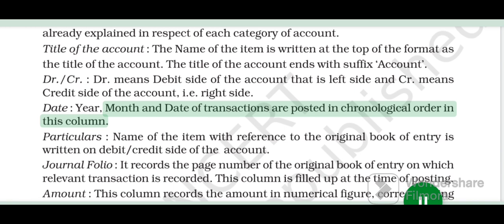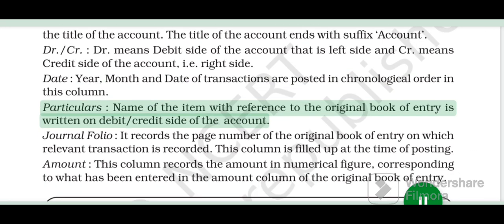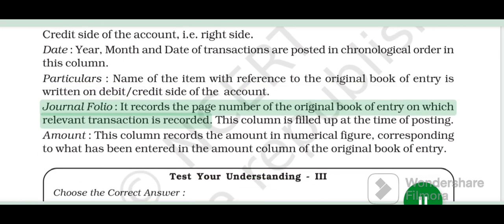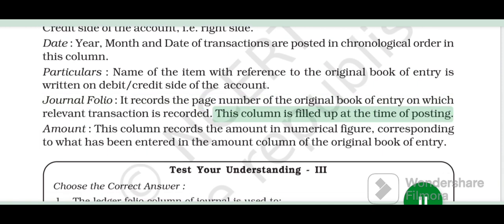Date: year, month and date of transactions are posted in chronological order in this column. Particulars: name of the item with reference to the original book of entry is written on the debit or credit side of the account. Journal folio: it records the page number of the original book of entry on which the relevant transaction is recorded. This column is filled up at the time of posting.